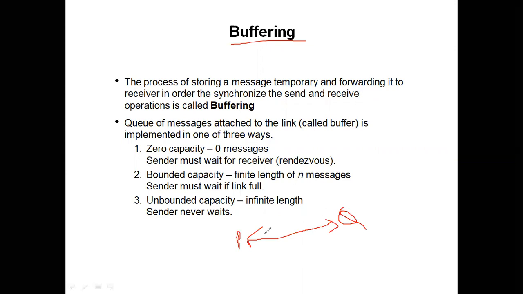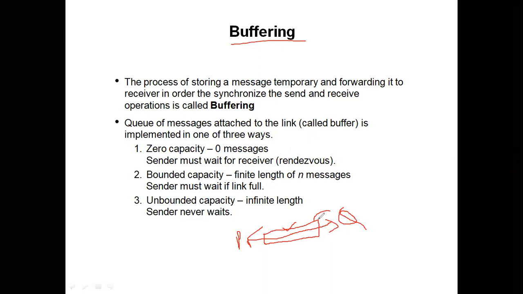Another, and the best, solution for this is that we create a buffer in the communication link. Buffer means we create a temporary storage in the communication link, so that if P is sending a message, that message is stored in this buffer, and when Q is ready to receive, it can receive the message from the buffer.